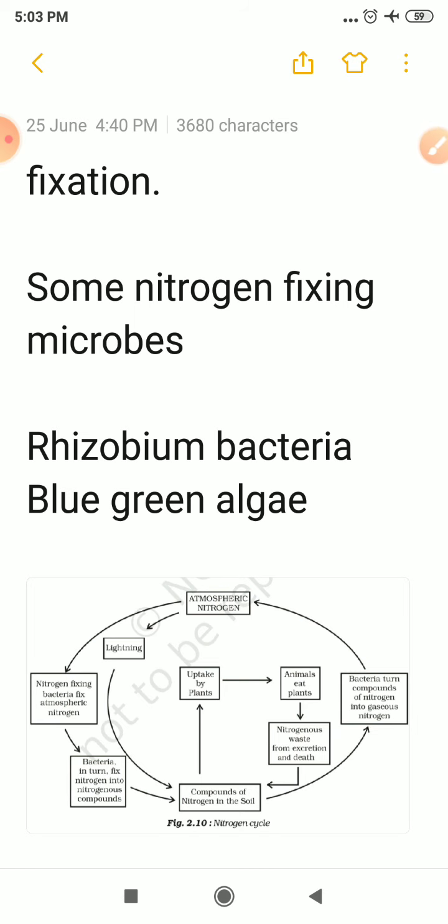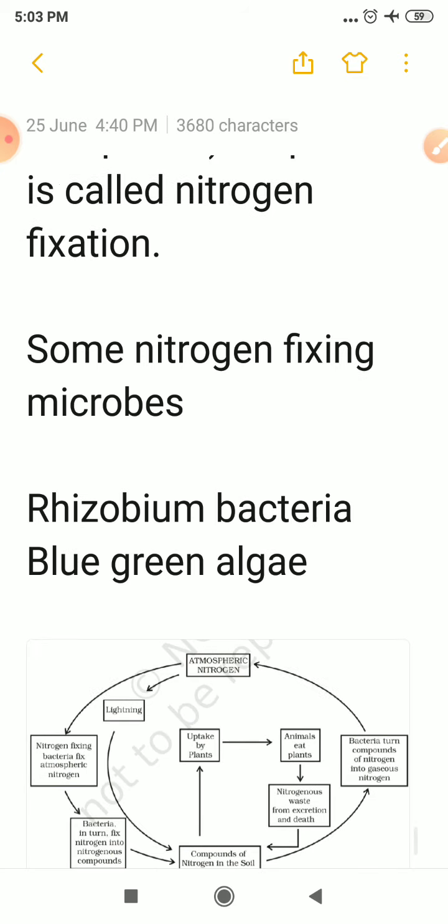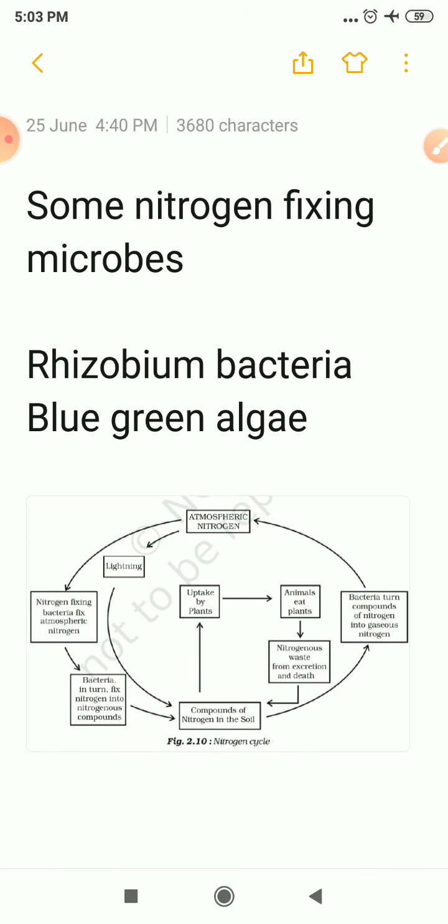I will repeat again. Atmospheric nitrogen is converted into nitrogenous compounds by microbes. This nitrogenous compound mixes in the soil with water and is absorbed by plants. These plants take this nitrogenous compound and use it in making their food. This food is again taken by some plants, animals, and human beings.